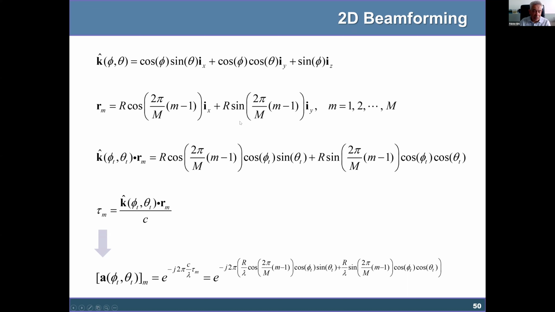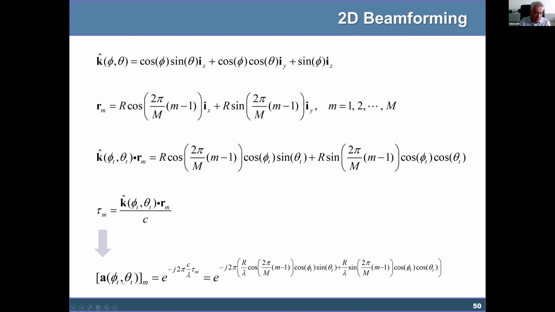The result is very simple: this component multiplies this component plus this component multiplies this component. The third term is 0 because the array has 0 component along IZ. So this is the result of the inner product. You divide by the speed of propagation and you get the delay.